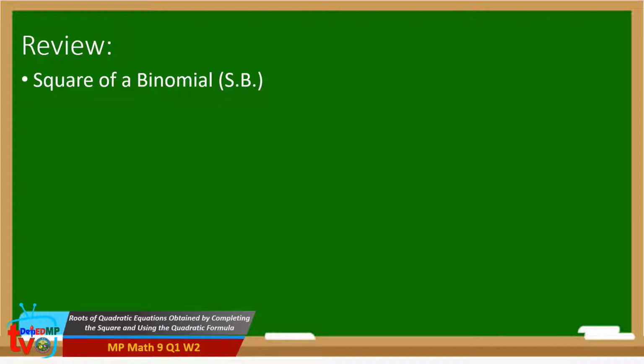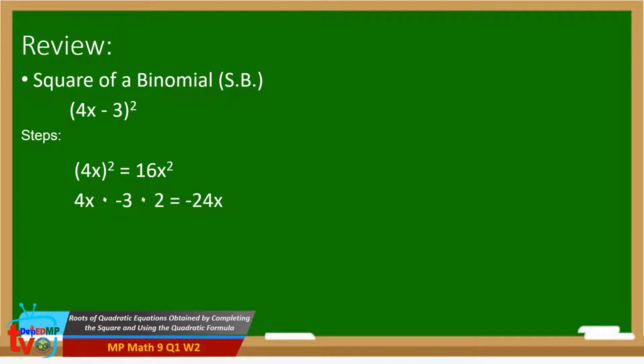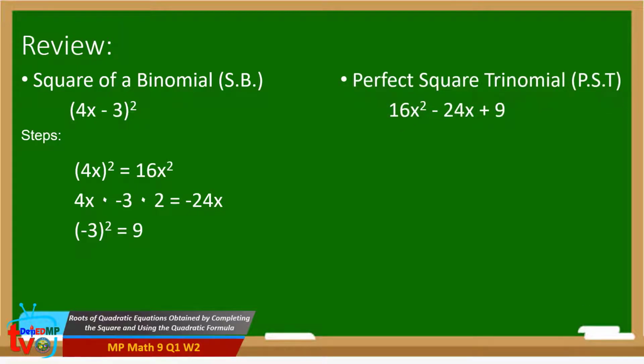Lastly, we repeat what we did in the first three examples. The quantity of 4x minus 3 to the second power. Again, square the first term 4x is 16x squared. Then, 4x times negative 3 times its exponent 2 is negative 24x. And negative 3 squared is 9. Therefore, the product is 16x squared minus 24x plus 9.